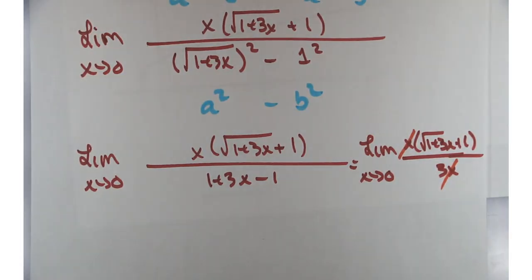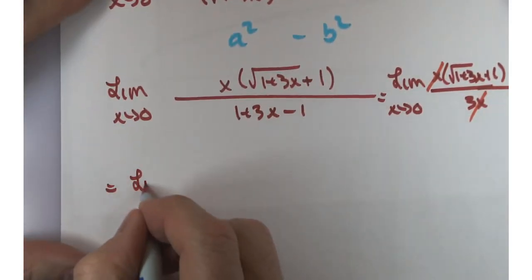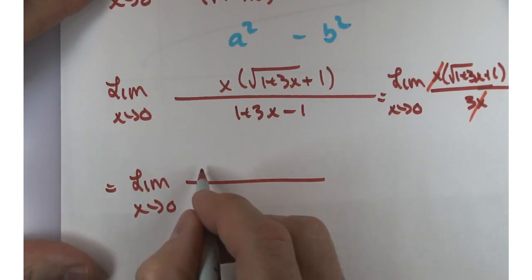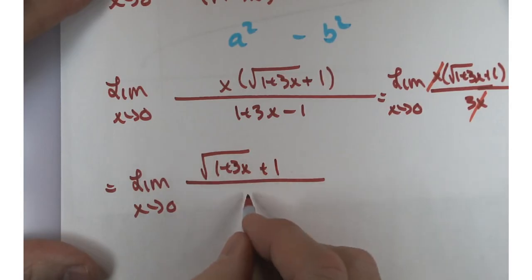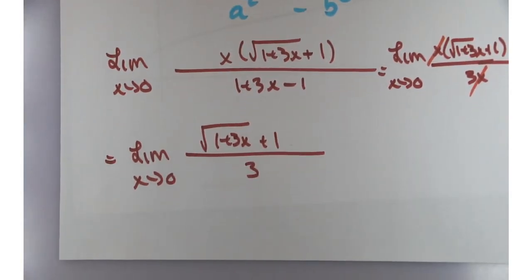So now what do we have? Well, now it's the limit as x approaches 0 of square root of 1 plus 3x plus 1 over 3. Just for this example, couldn't we remove the x and 3x because we know it's going to be 0?